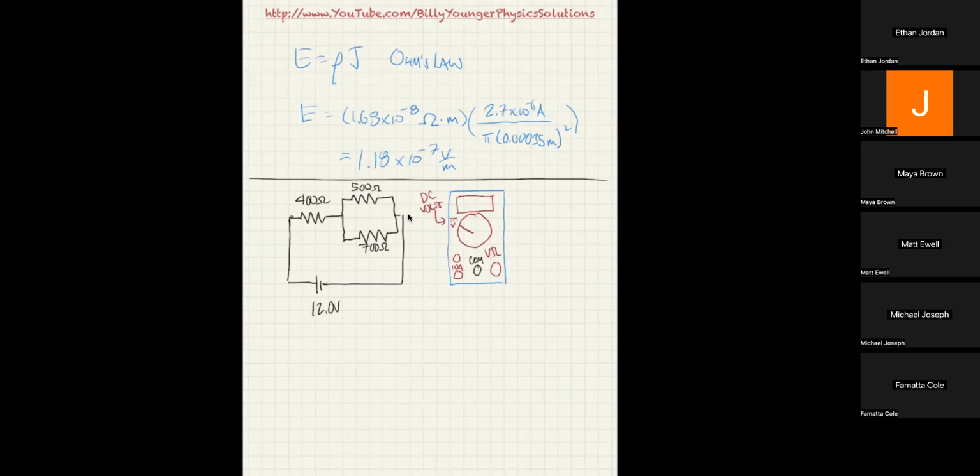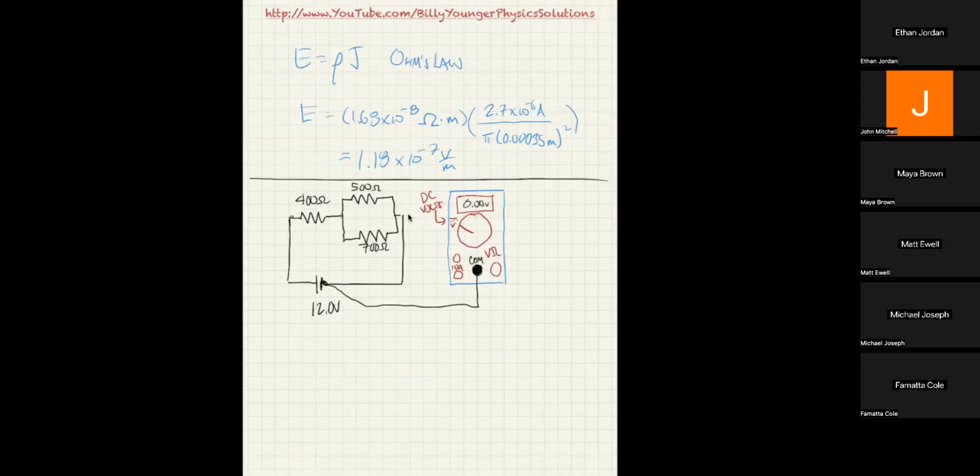But what you can do is take and connect this COM, and because you're allowed to call the zero of voltage zero anywhere, just like we could call the zero of potential energy zero anywhere, I could take this wire and attach it right here, and then take the red and attach it right there as well, and I'd read 0.00 volts.